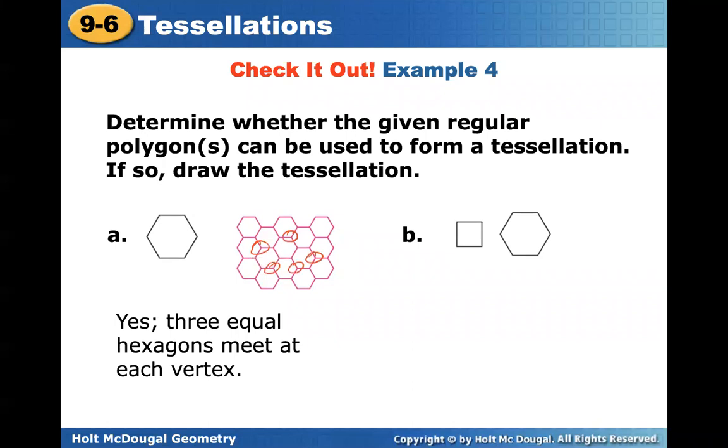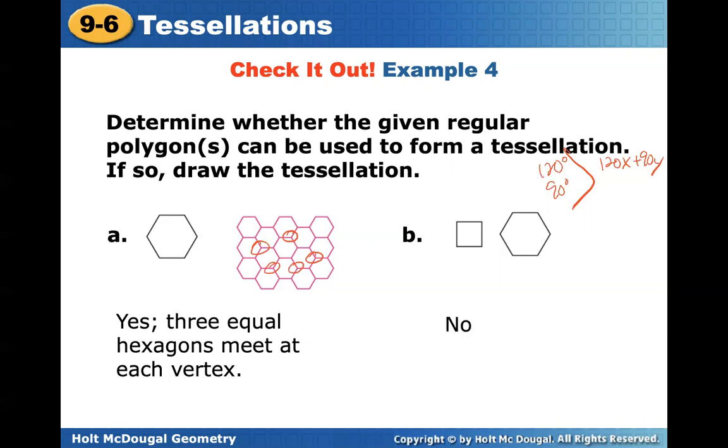The next one, we have a square and a hexagon. Again, a hexagon is 120 degrees and a square is 90 degrees. So is there any combination where we can add 90s and 120s and get 360? In other words, 120 times X plus 90 times Y. Is there anything X and Y can do to get to 360?